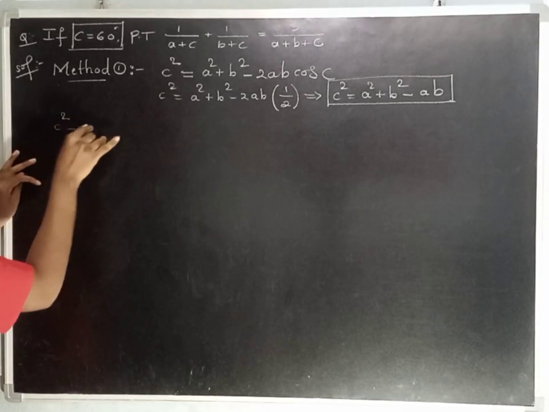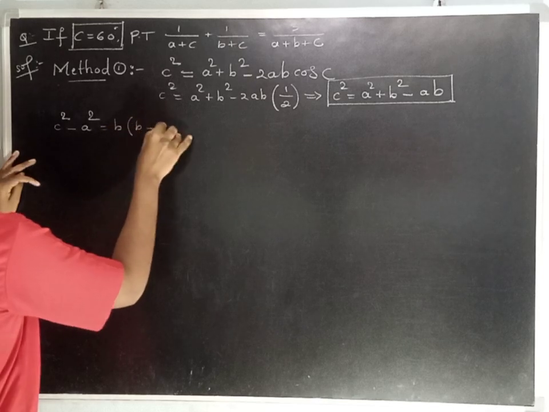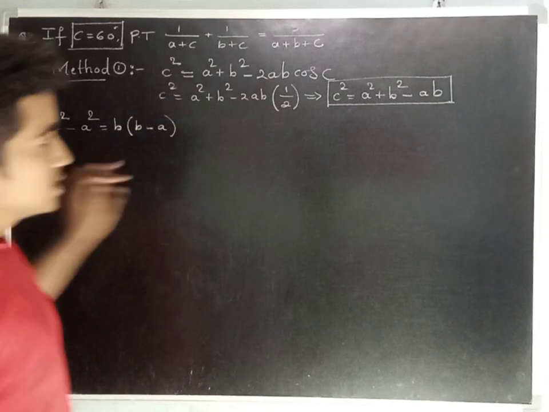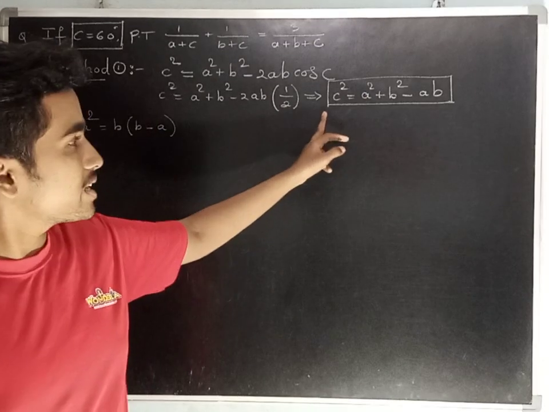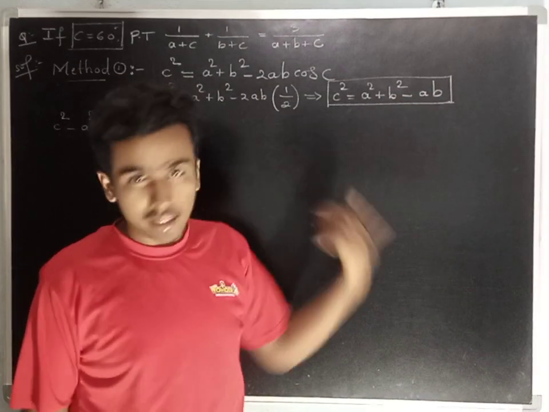Now, taking A square to this side, C square minus A square is equal to B into B minus A, taking B as common.